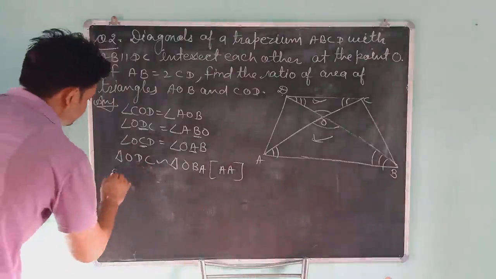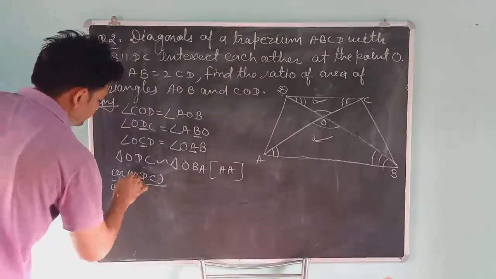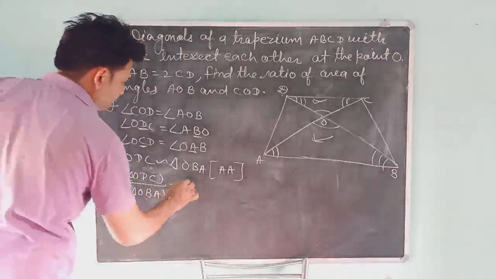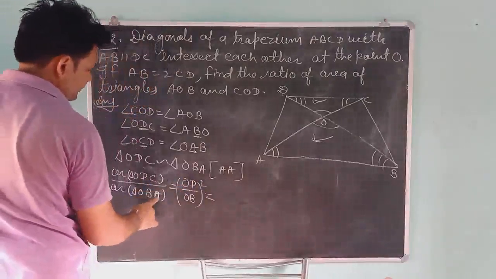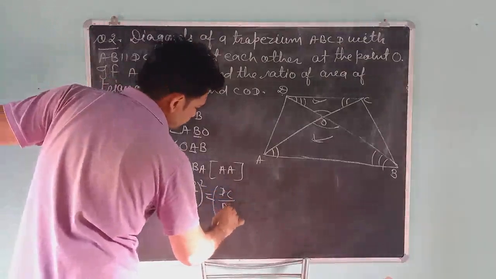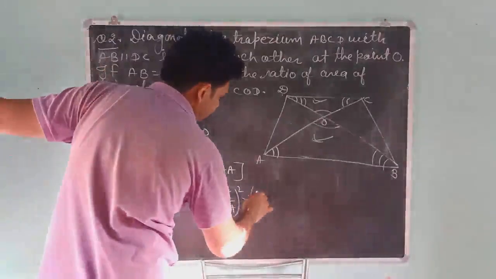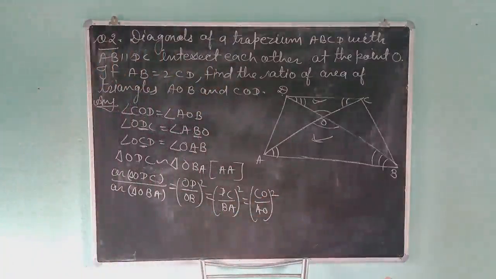Area of ODC upon area of OBA is equal to the side ratio OD upon OB whole square, which is DC upon BA whole square, which is equal to CO upon AO whole square. The ratio of areas of two similar triangles is equal to the square of the side ratio.